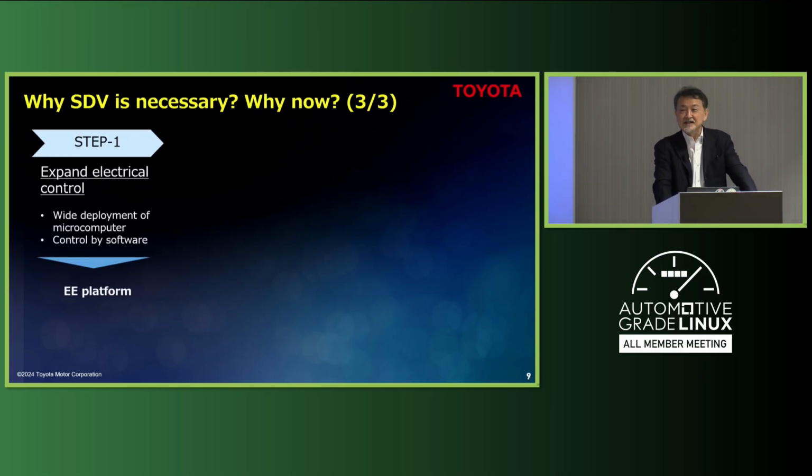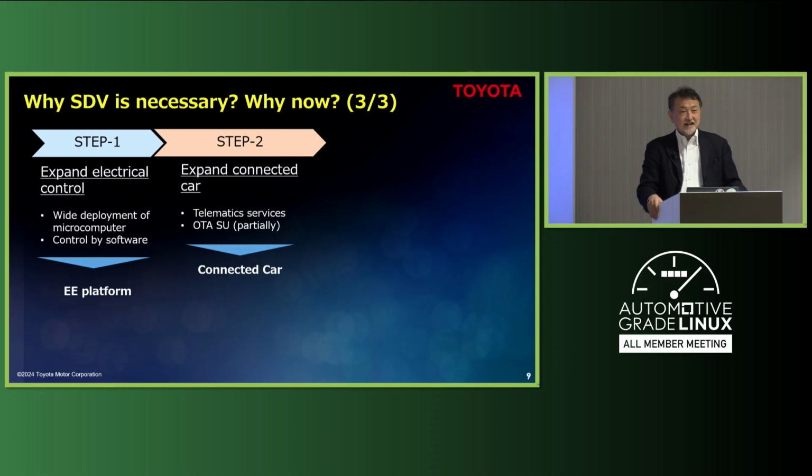And then, why SDVs now? In the past, we changed the mechanical control of the vehicle to electrical control because tons of different configurations of the hardware set require lots of combination evaluations. If we can make small customizations by software or by electronic design, then it's much easier than creating real hardware mechanisms. So the EE platform was introduced.